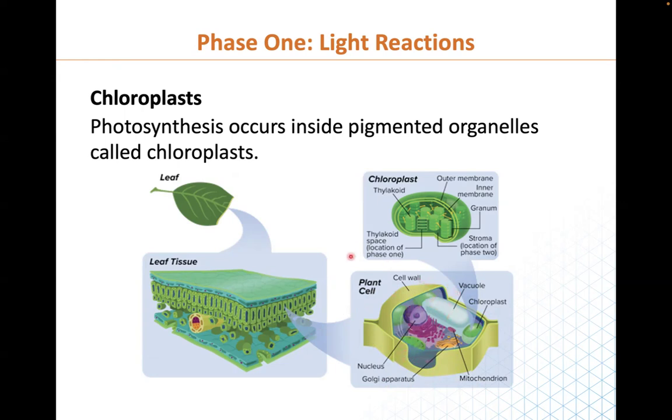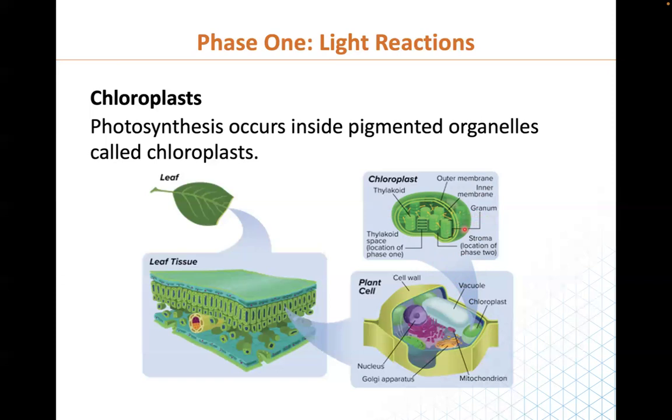Now we want to take a look at the main actor in photosynthesis, which is the chloroplast. As you can see, it is enlarged, and we can see it is made up of membrane. This is the outer membrane, and this is the inner membrane. It's a double membrane organelle. And we have the granum.